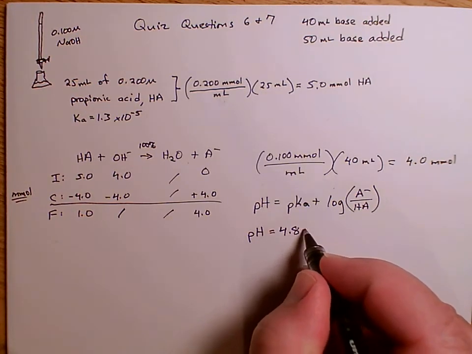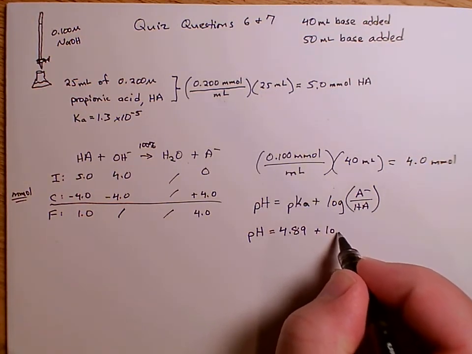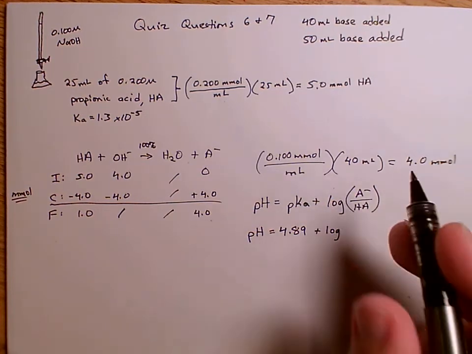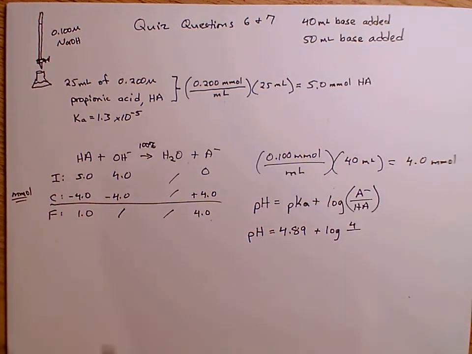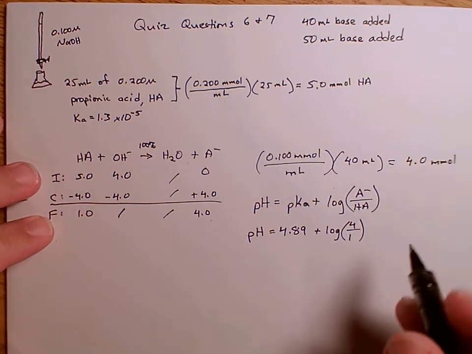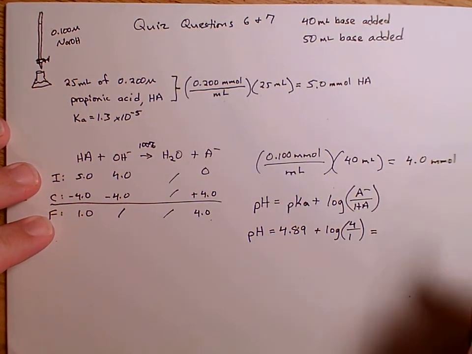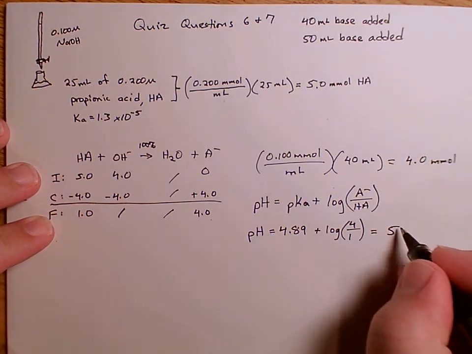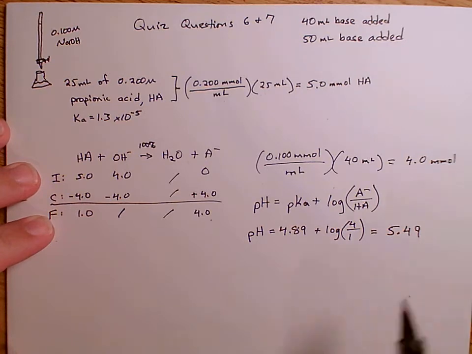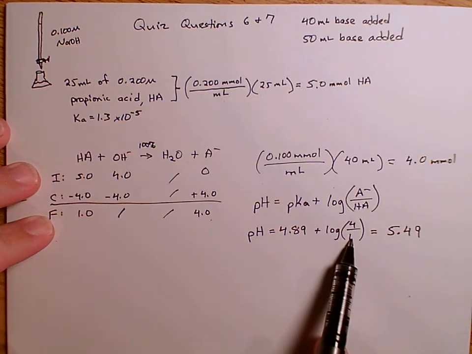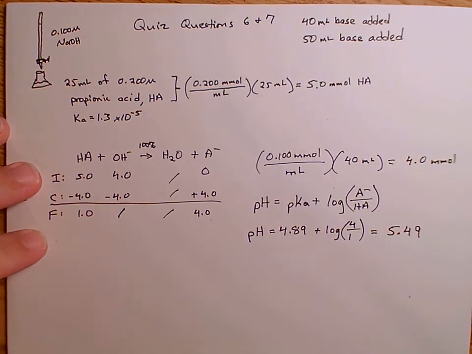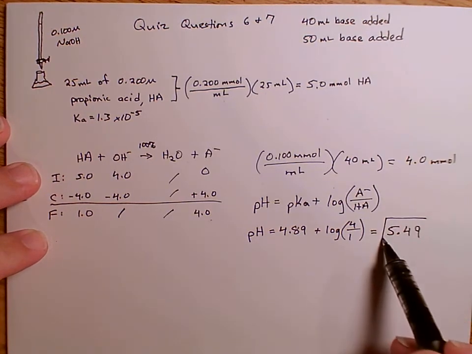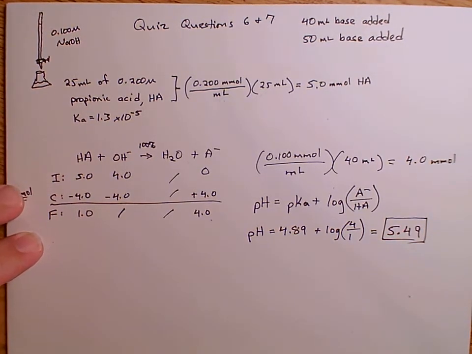That is 4.89. Plus log of A minus, 4 over HA, 1. Plug this in, and I find that the pH will equal 5.49. Take the log of 4, add that to 4.89, you get 5.49, and that is the answer to question 6.